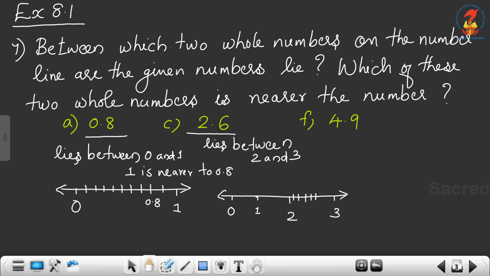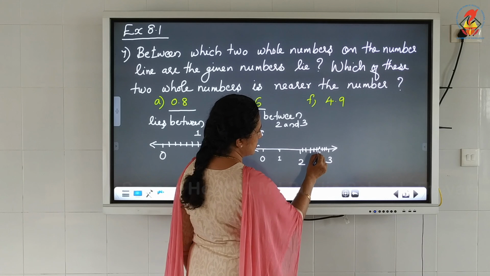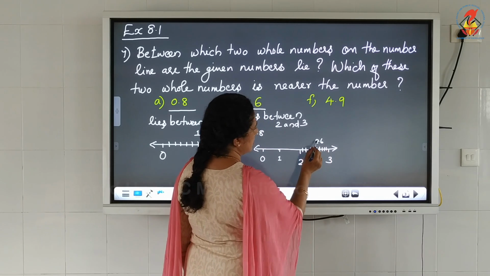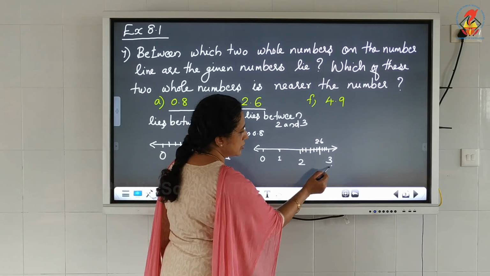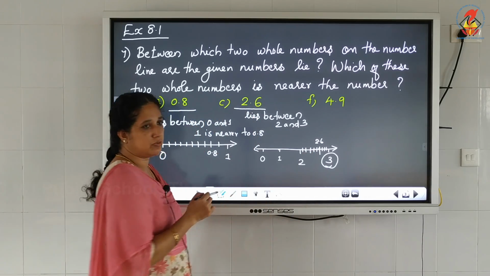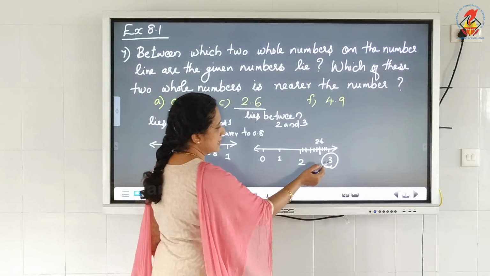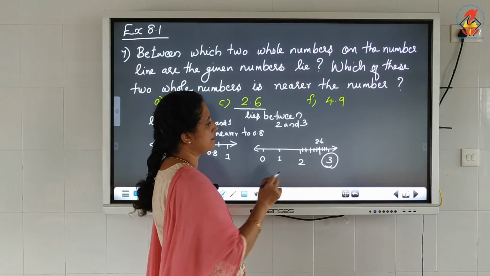Now 2.6 means 2.1, 2.2, 2.3, 2.4, 2.5, 2.6. So this one will be 2.6. So 2.6 lies between 2 and 3 and it is closer to which whole number? It is closer to 3 and we can say that 3 is nearer to 2.6.